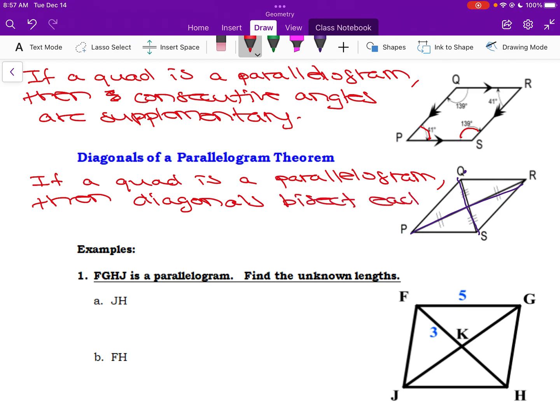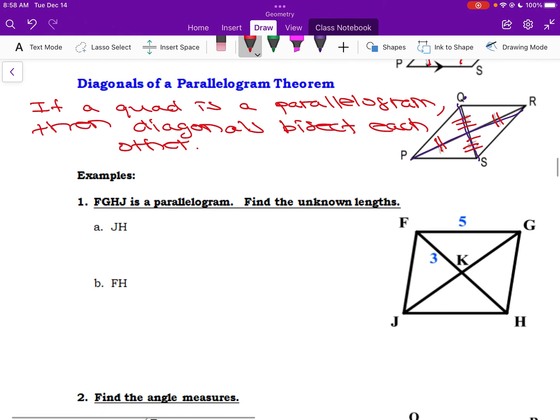And remember that when we talk about bisecting, that means it cuts it perfectly in half. So, for example, this diagonal would be cut perfectly in half by the other, and so that's going to create sets of congruent line segments.